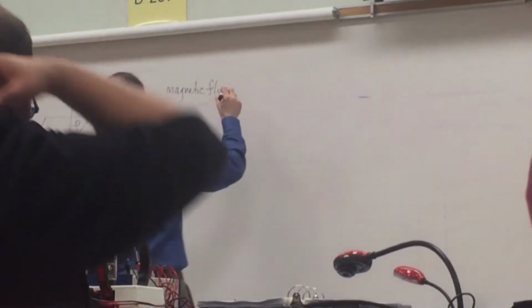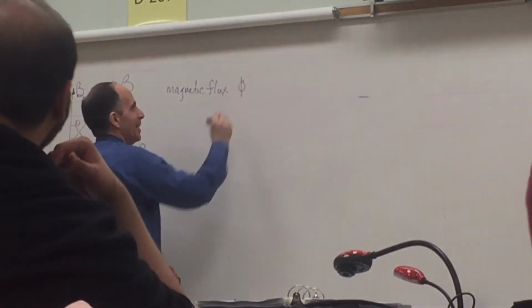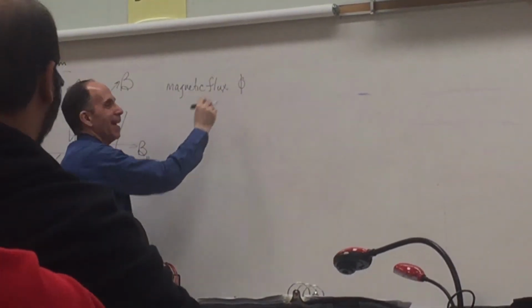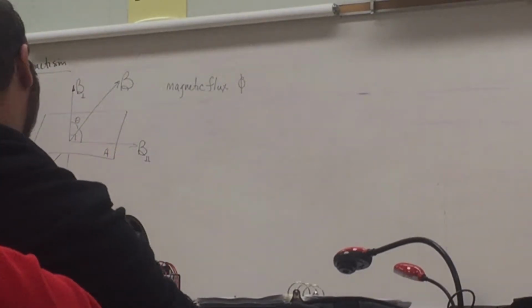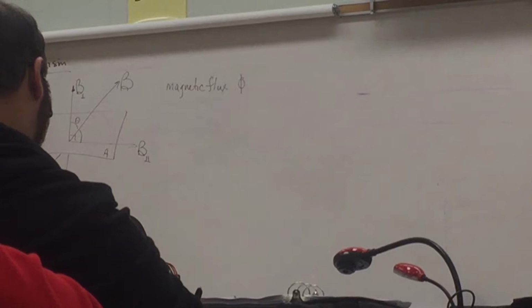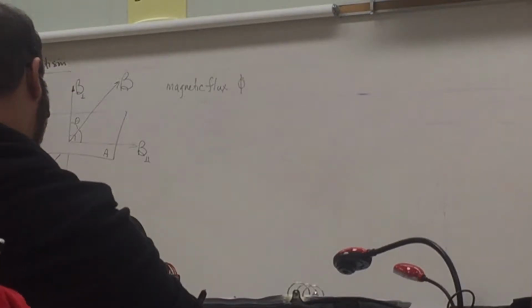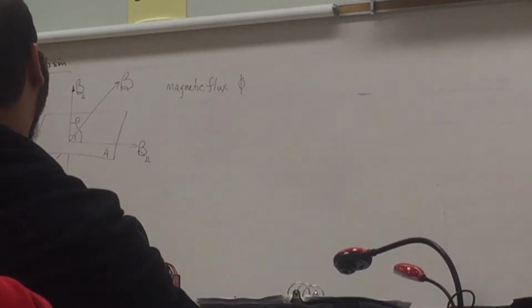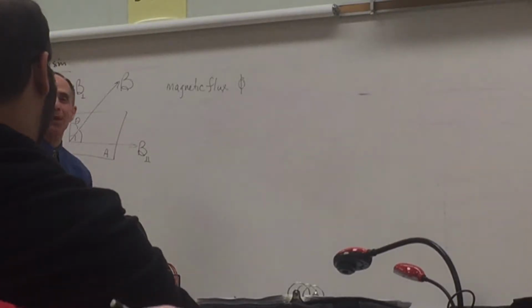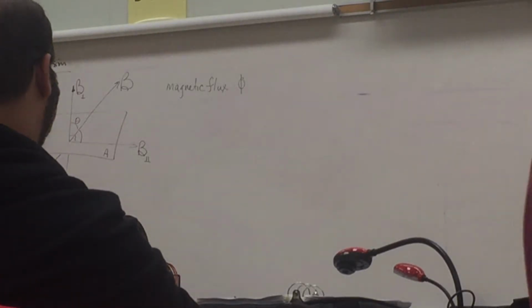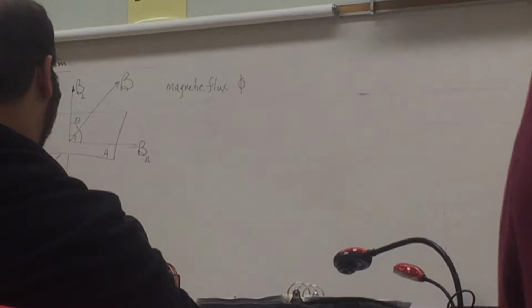Remember we had electric flux? Now we have magnetic flux. Depending on the textbook, the symbol is the little Greek phi with subscript B for magnetic, or subscript M in some textbooks.